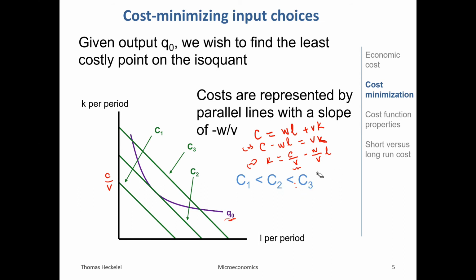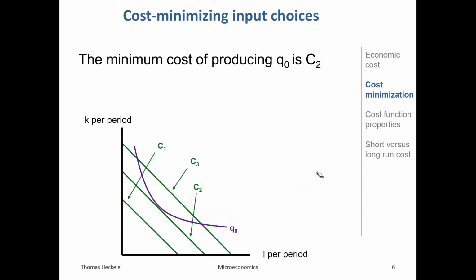Okay, so that was the idea. Now we find the minimum cost, like the cost line that will give us the minimum cost, or the most cost saving possibility to produce Q0.